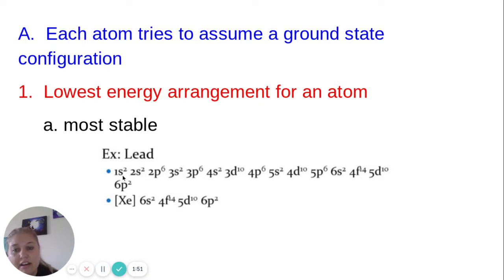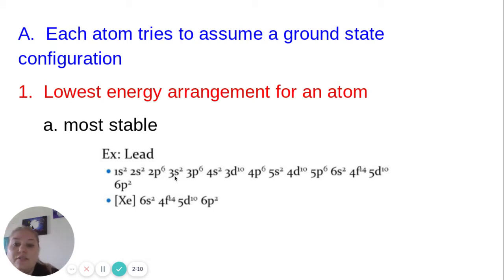Then we move on to the second energy level, and we have an S orbital and a P orbital. The s orbitals can only hold 2 electrons. So even though energy level 2 can hold 8 electrons, the first 2 are in the s orbital, and the other 6 are in the p orbital.